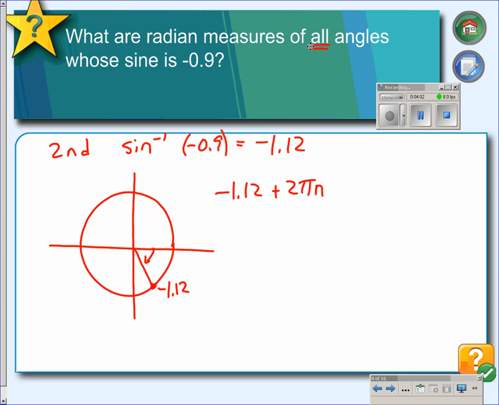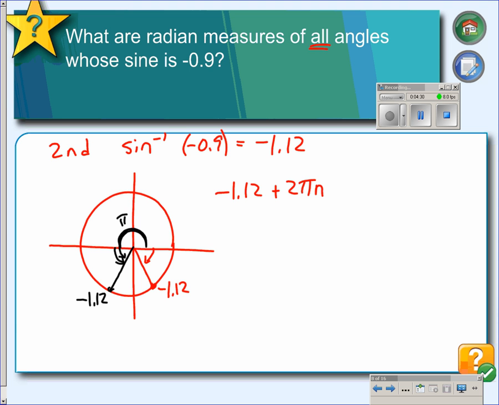But you know that there's also an answer in this region that's also -0.9 for your y coordinate, and sine is y. So how do you get this answer? Well, this answer would be coming around this direction. So that's going to be pi for the top part here, plus this piece is going to be 1.12.